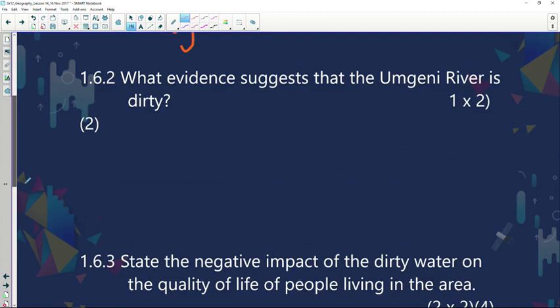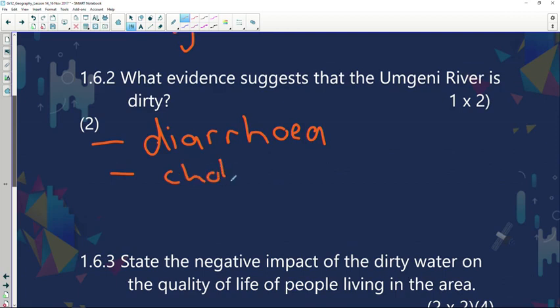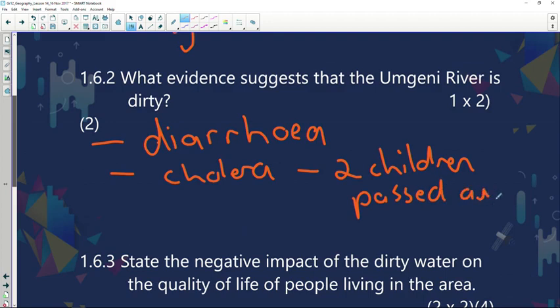The viruses that they detected over there were diarrhea, cholera outbreak, and it led to 2 children passing away, and 150 people being hospitalized.